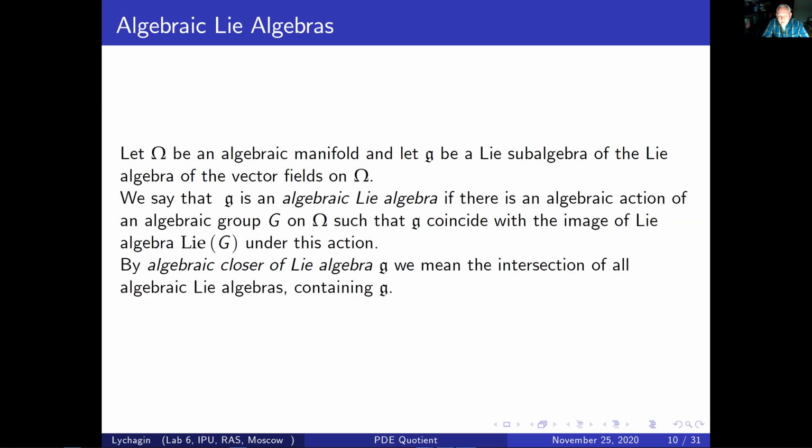And if it's not so, then we have the algebraic closure of this algebra, the intersection of all algebraic Lie algebras that contain our sub-algebra. A strange notion, but we'll really need it.